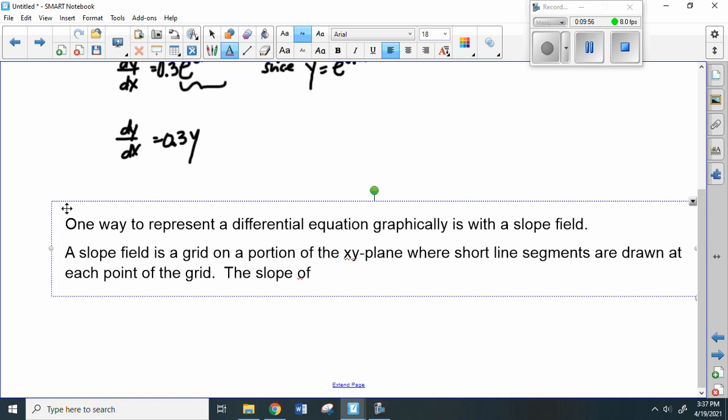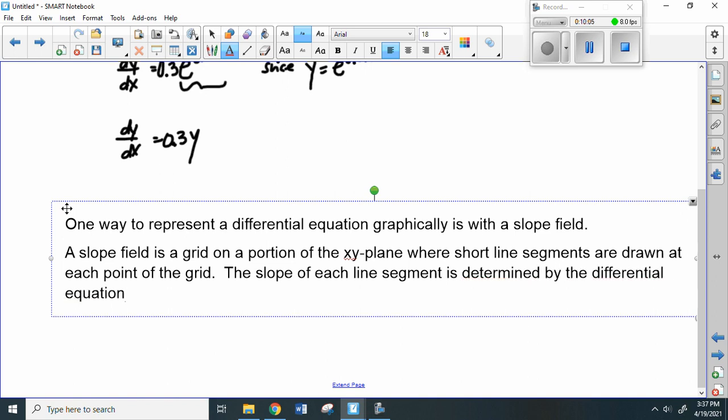And the slope of each line segment is determined by the differential equation.